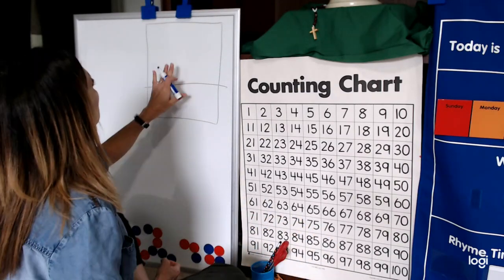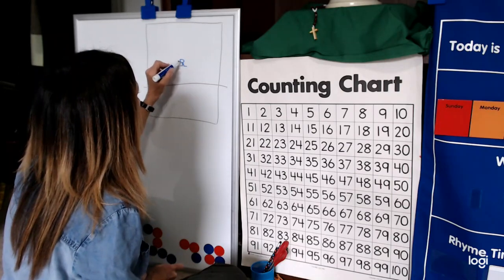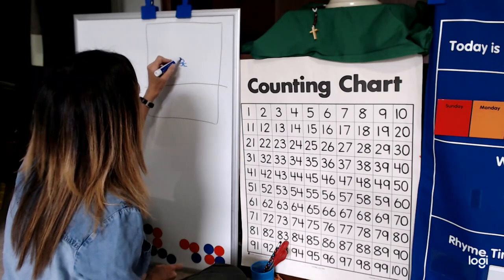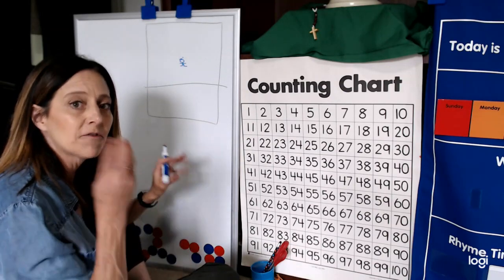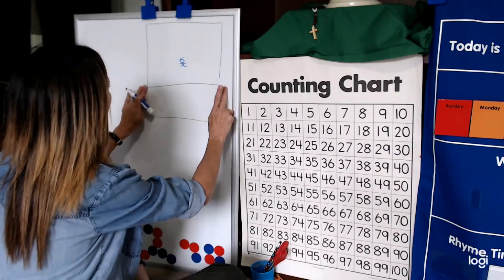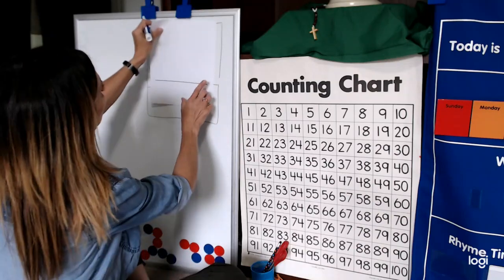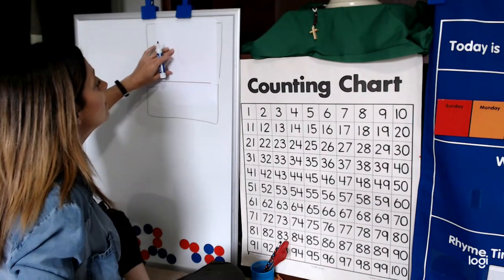We were starting to make our people like this big. And when you have something that small, you can't get the detail of faces and things like that on it. So when we have a big piece of paper like this, I want you to make your items bigger so we can see it, right?